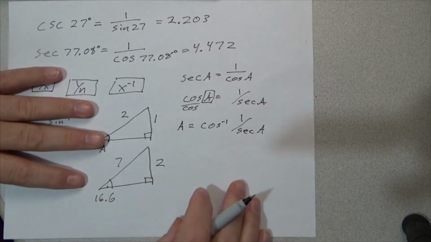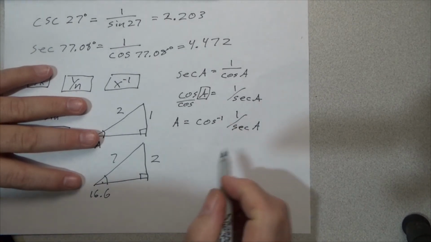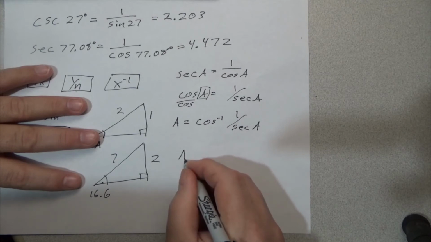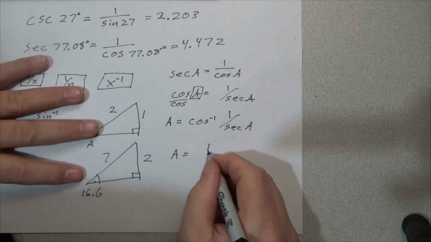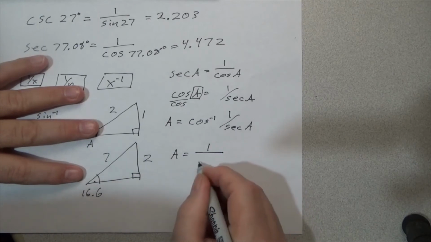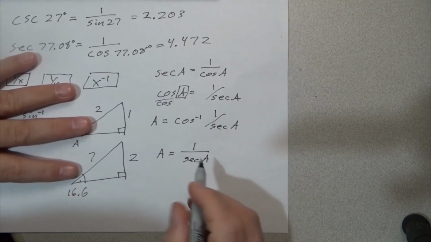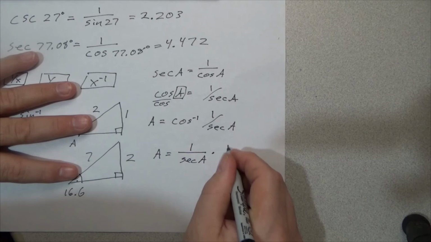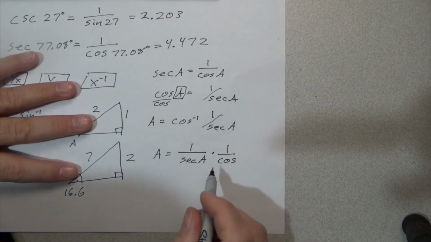This is just a mathematical way of envisioning where all of this comes from. So what I have here then is A is equal to 1 over secant of the angle A, and then multiply that by 1 over cosine because I divided it.